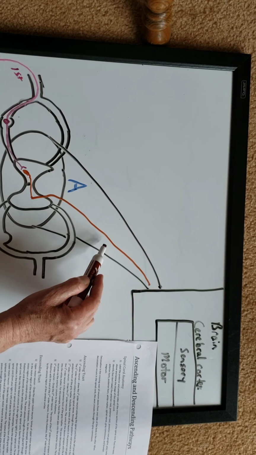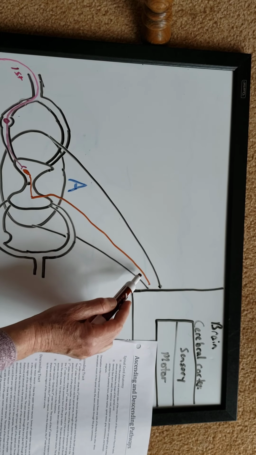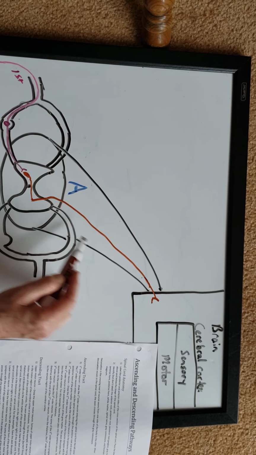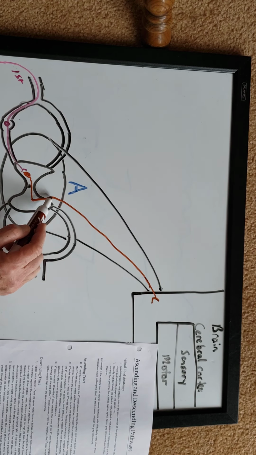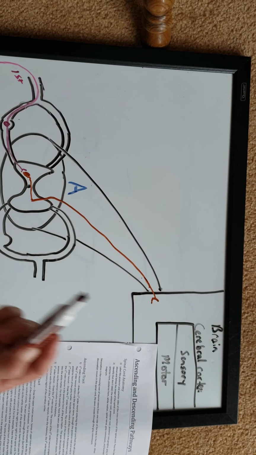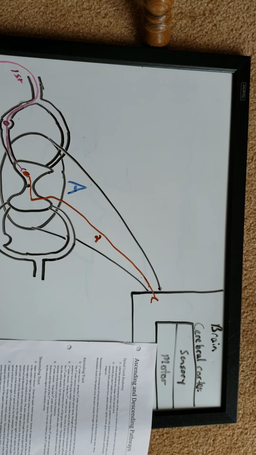Ascending and descending tracts are in the white matter. So it ascends and it goes to the thalamus, which I'm going to put right here. So the soma is right here. Here's the axon. The axon decussates, crosses from the gray matter to the white matter, ascends through the white matter, and ends right here at the thalamus. That is our second order sensory neuron.